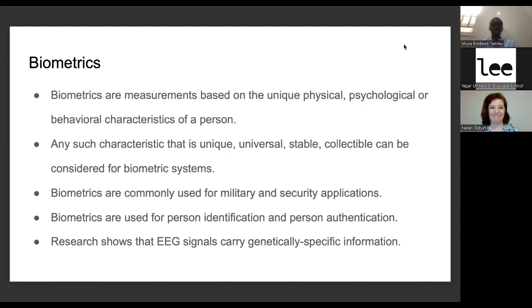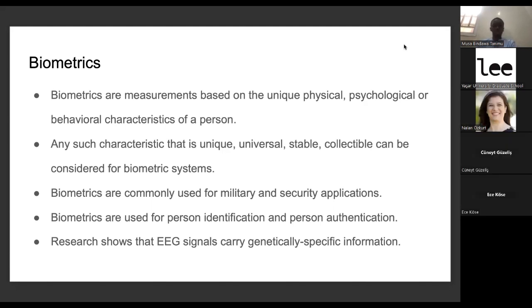Biometrics are commonly used for military and security operations. We use biometrics for person identification and person authentication. By person identification, we mean that we can use biometrics to identify one person from a group of persons whose data we already have in a database, while by authentication, we mean that we are able to verify whether a person is who he claims to be or not.